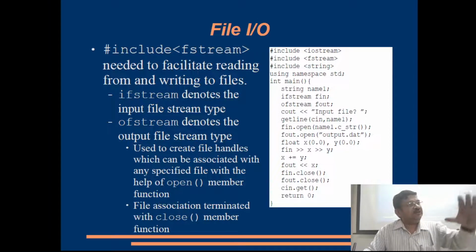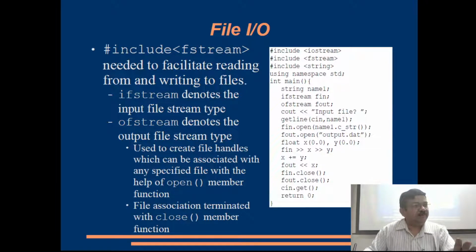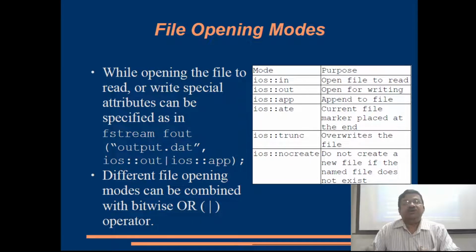Append mode means it will scan through the file, look at all the content that is there in the file, and find a position to start writing onto that file, at the next available space, preserving the existing content. So these are the file opening modes that are normally used.